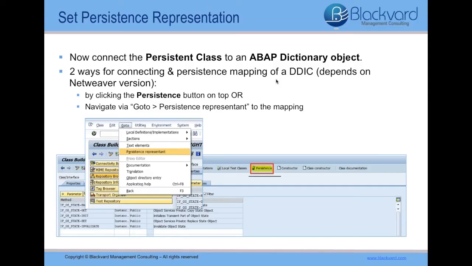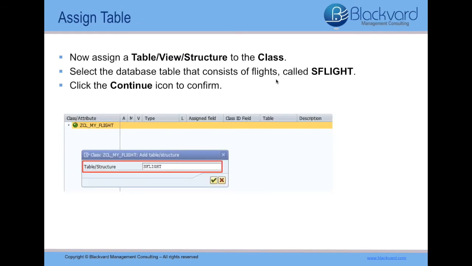Let's switch back to the presentation. Here we have this overview, and we will select our data dictionary object. In this case, you can use a table, a view, a structure, whatever you need. It depends on your need. In our sample, we use the AsFlight and click on confirm.